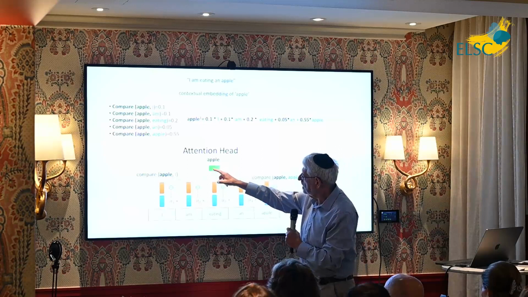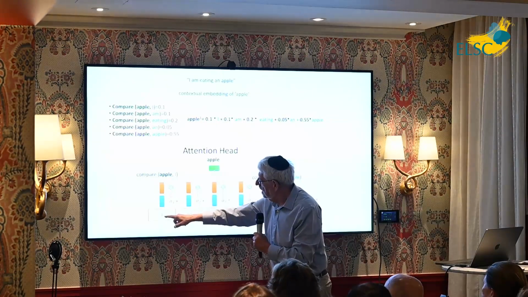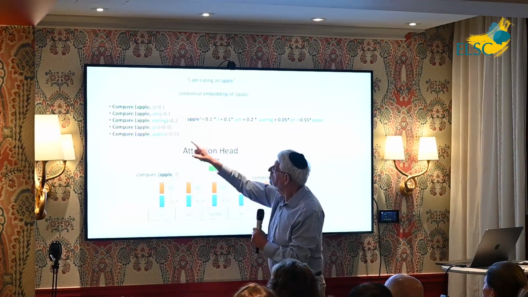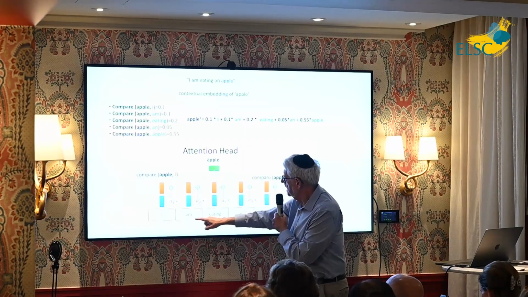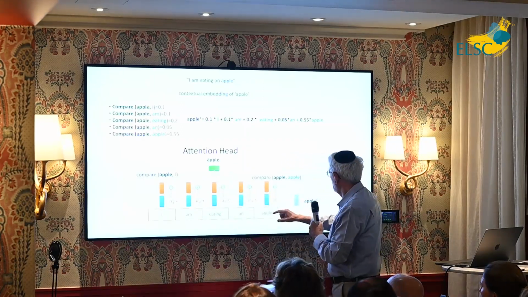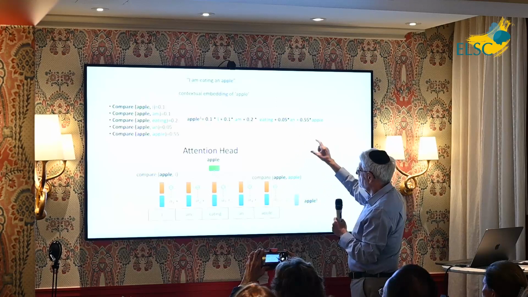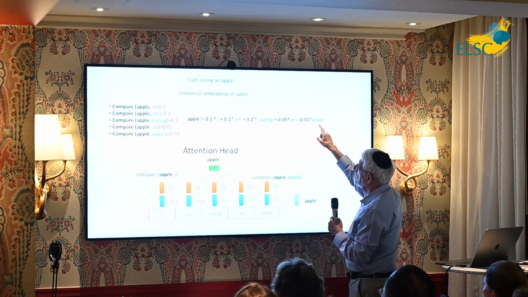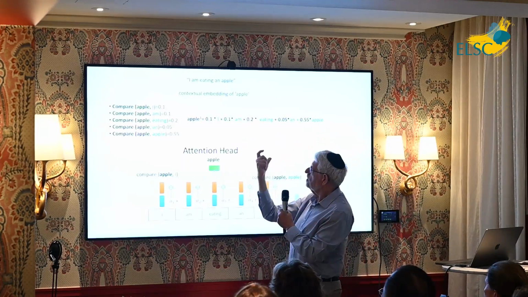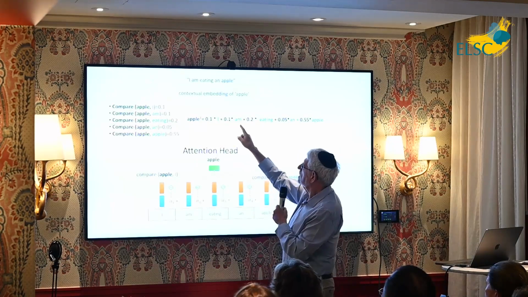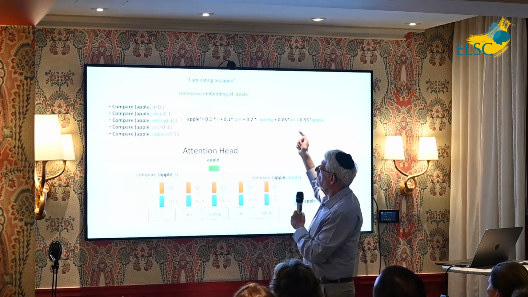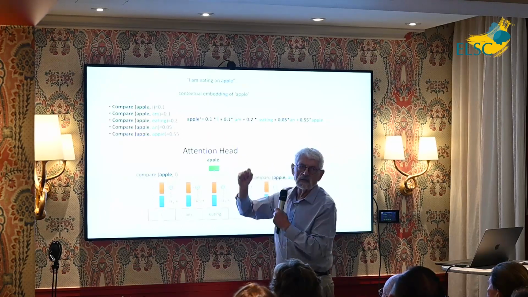But now it takes apple and says, apple attended by I, 0.1. Apple attended by M, 0.2, etc. And then it adds all these numbers together: 0.1 times the embedding of I, 0.1 times the embedding of M, etc. This is the new embedding of apple.